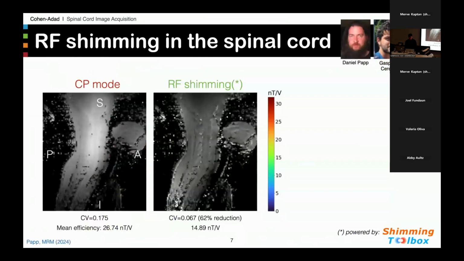T4 level. And I was talking about homogeneity of the transmit. So that's something that is critical. And thanks to the parallel transmit system of the Terra system, we're able to drive those dipoles with individual magnitude and phase in order to homogenize the tip angle within the region of interest.